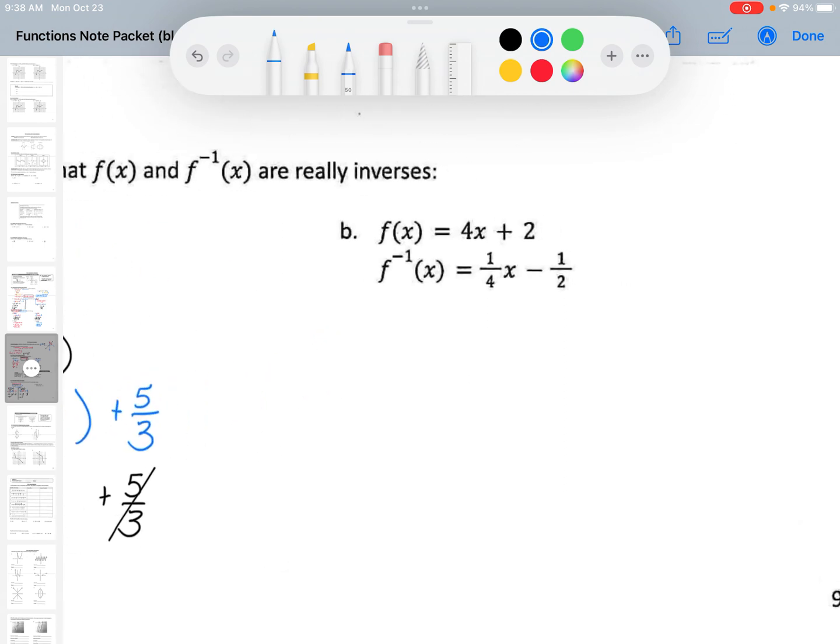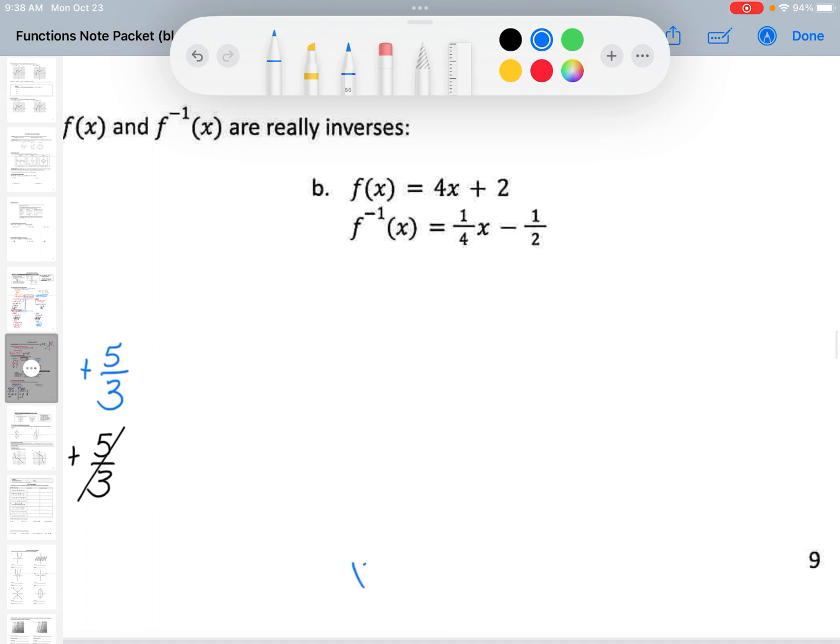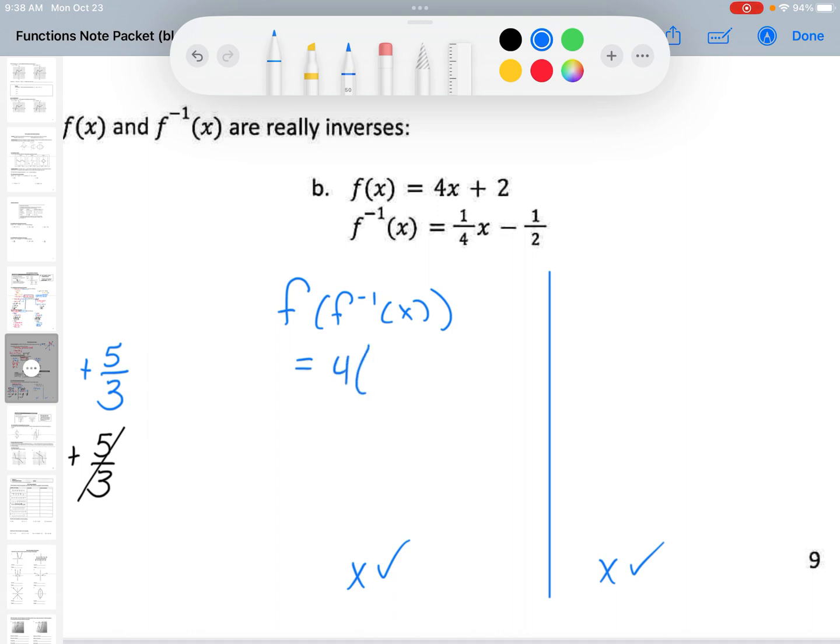All right, letter B does work out. You should get down to both of them equaling x. So the first one is f of the inverse. So that would be 4 times 1/4 x minus 1/2 plus 2. Distribute and simplify.